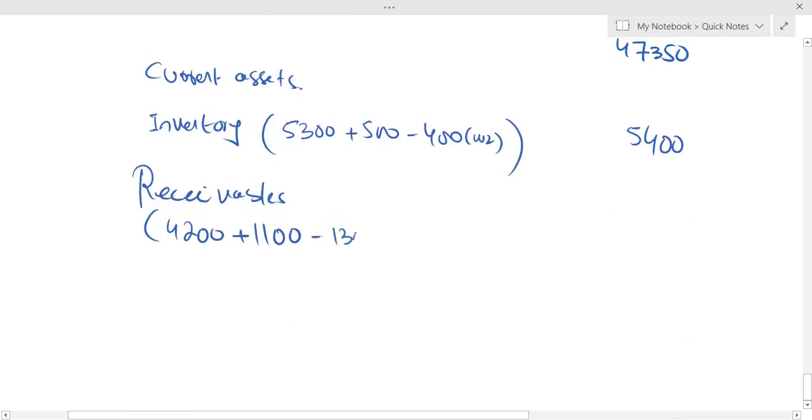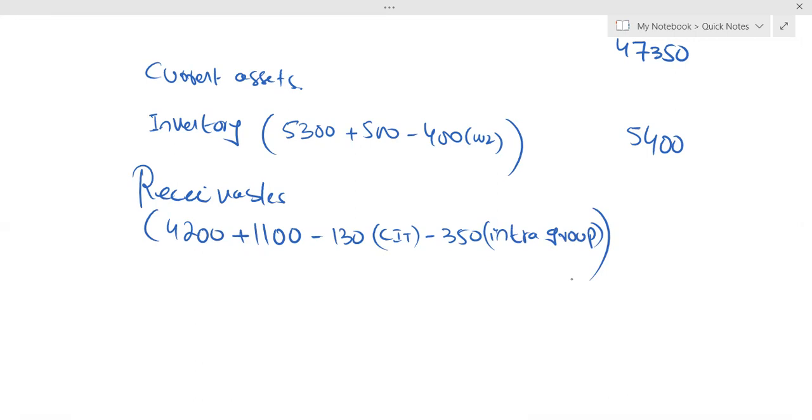130, that is cash in transit, minus 350, which is intra-group. So 4,200 plus 1,100 minus 130 minus 350. I'm getting a value of receivable 4,820.